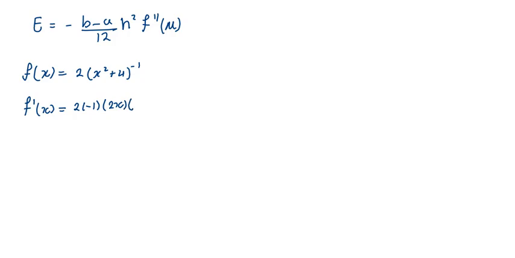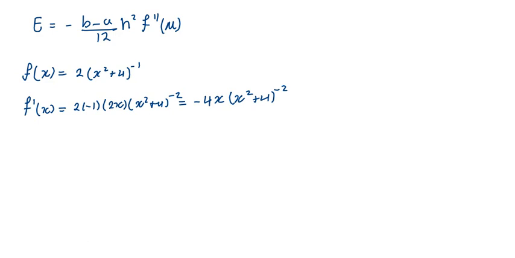I'm using the chain rule, by the way. That's x squared plus 4, the power reduces by 1, so negative 2. This can be written as minus 4x times x squared plus 4 to the power negative 2.